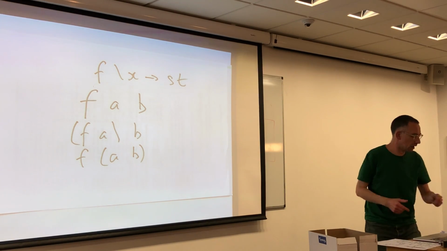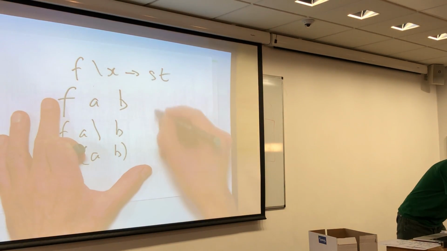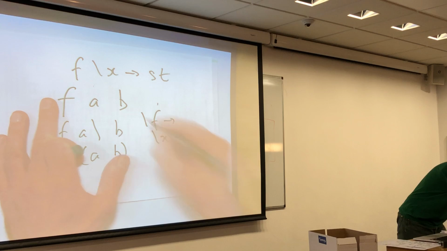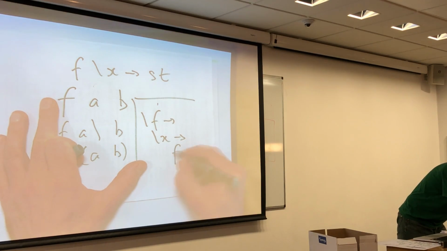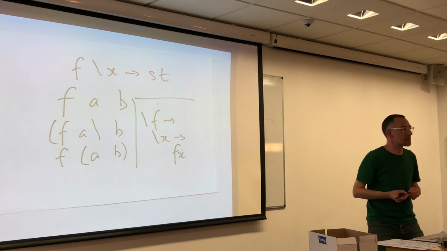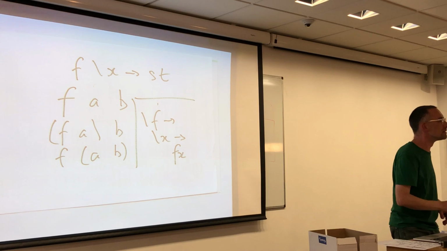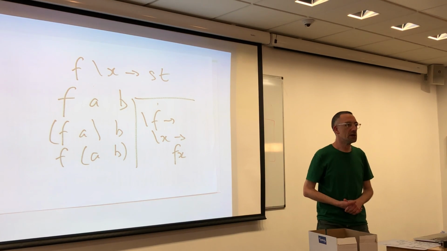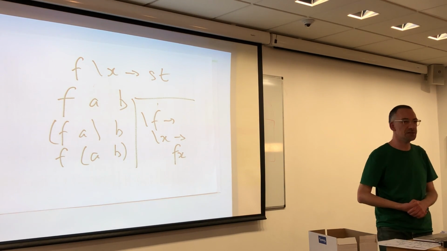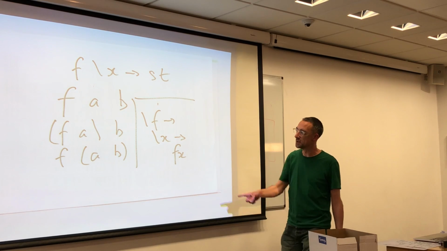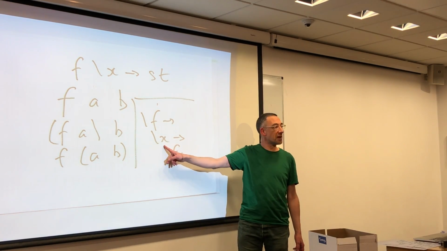Another thing you have to watch out for is if I write lambda f arrow lambda x arrow, and then I write fx with no space in between. We have just snatched defeat from the jaws of victory, because this is the variable f, this is the variable x.